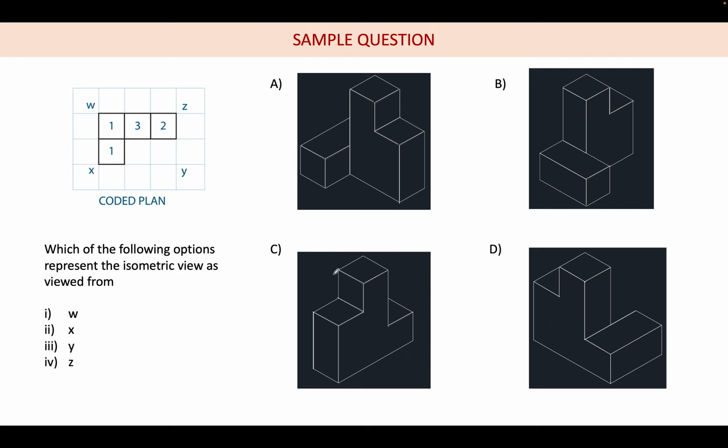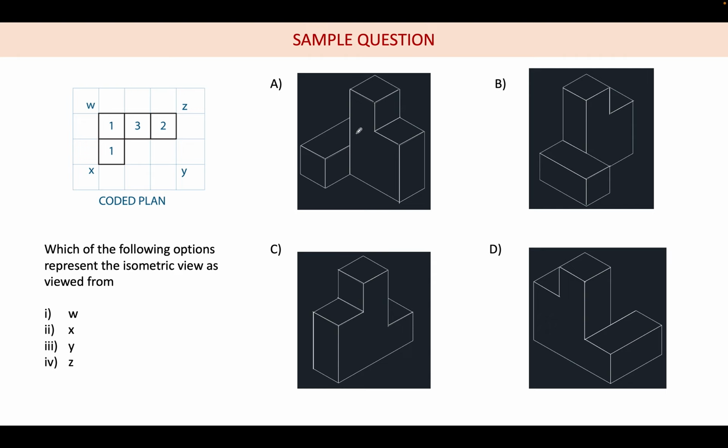Now we will see for this plan which is the following isometric view. So this is my plan 1 1 3 2. This A, what direction is it?